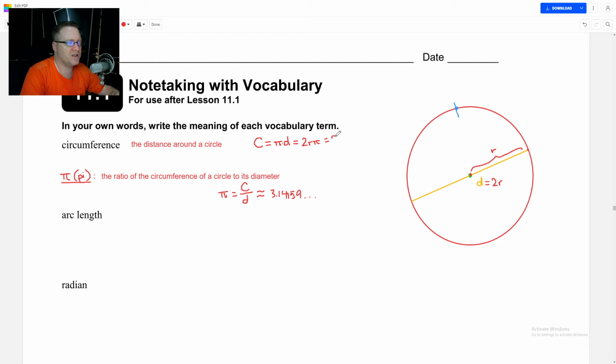We usually write this as 2 pi r, because these are constants and this is a variable. So these are the two formulas for finding the circumference of a circle, and we're going to use those today to do some simple problems.